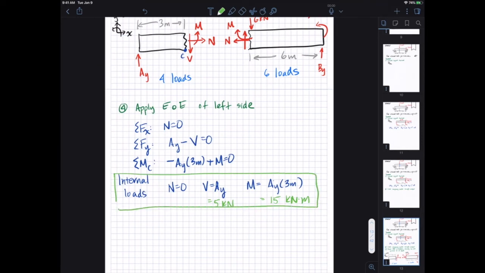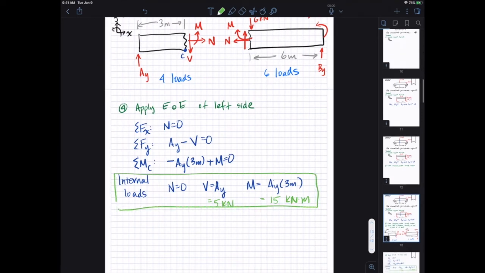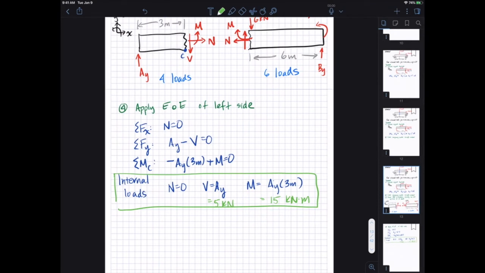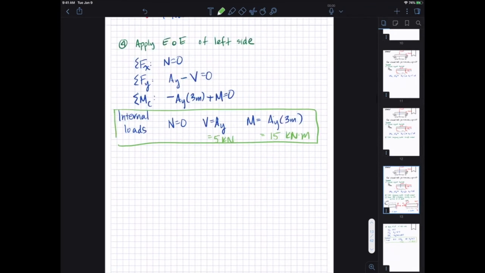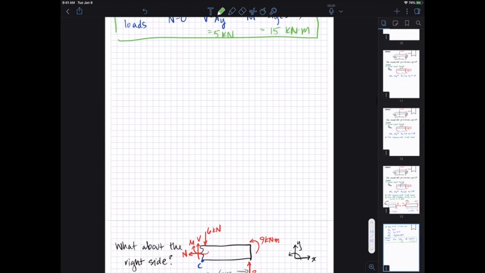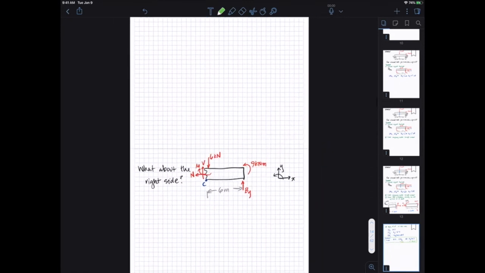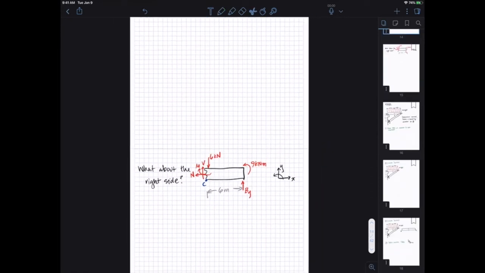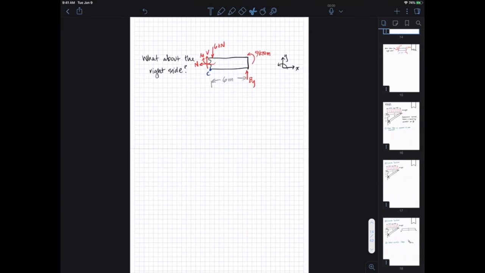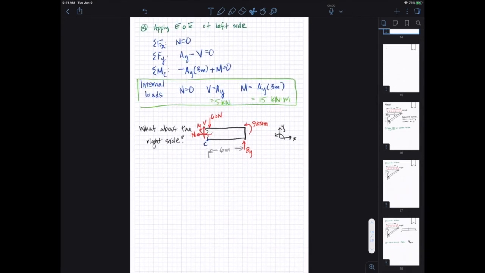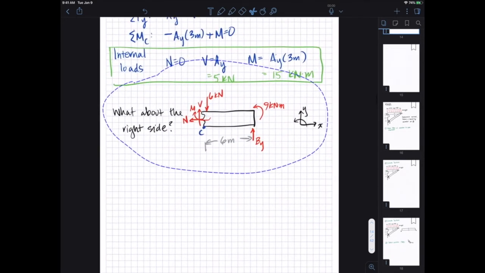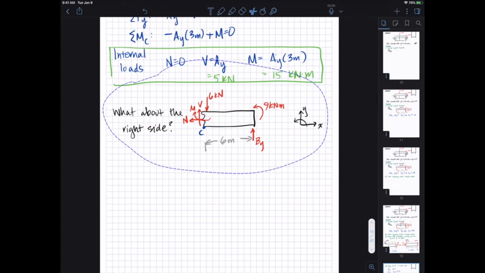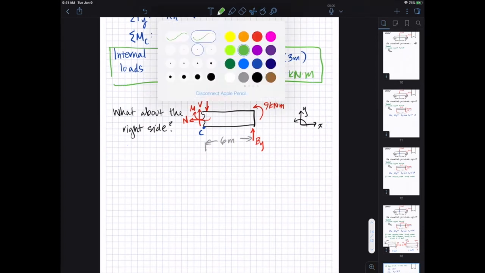Now what happens if we look at the right-hand side? I already have a free body diagram prepared for that. I thought I did. Yep. So let's take a look at what's happening at the right-hand side. I'm just going to scoot this up so we can put these next to each other. And now let's look at those equations for the right-hand side free body diagram.